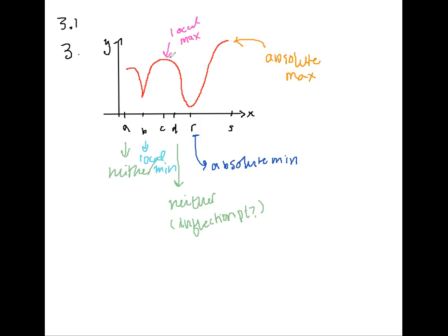Awesome. Okay. Pretty much nailed that. Let's do number 7, which is a little bit of the inverse of this. So now we are given some statements. It tells us that we have an absolute max at x is equal to 5.